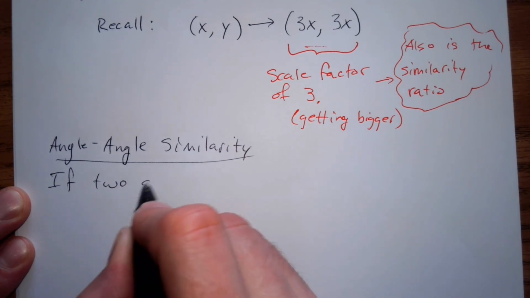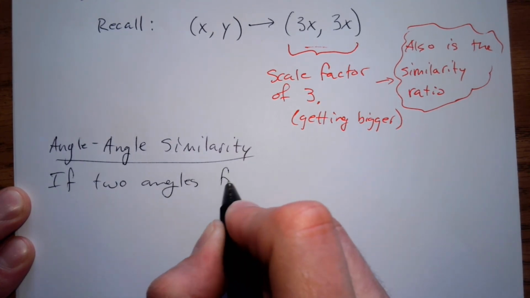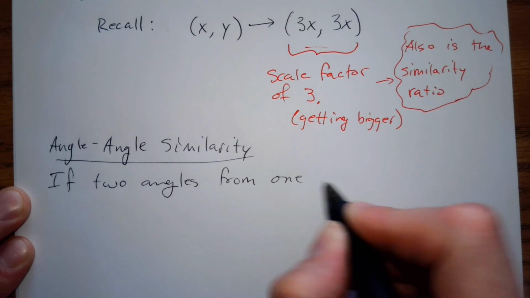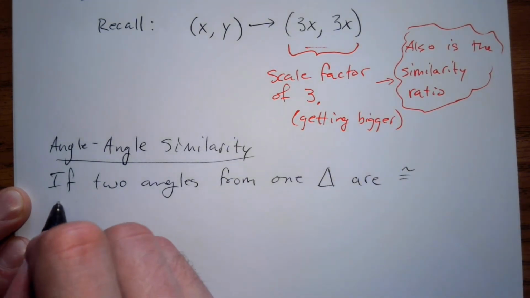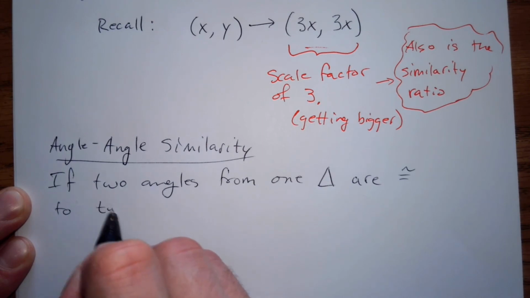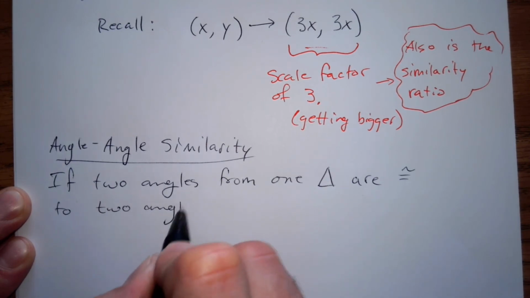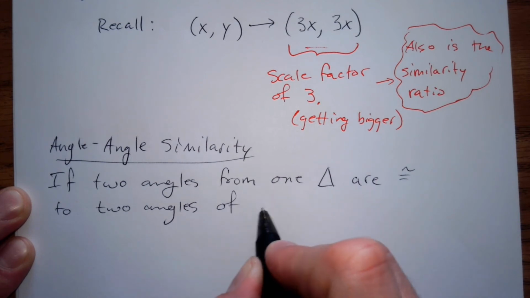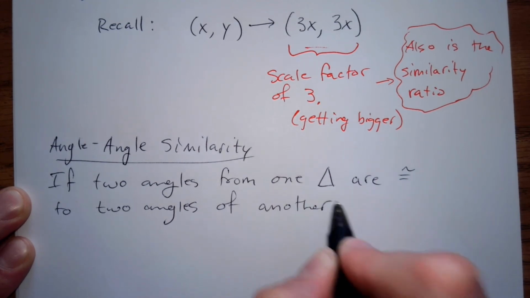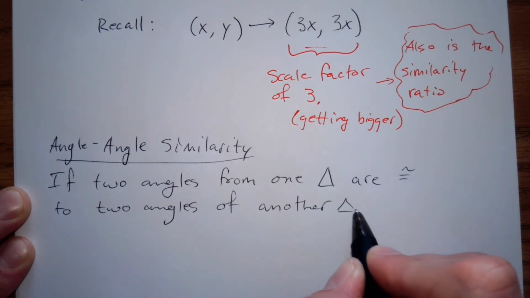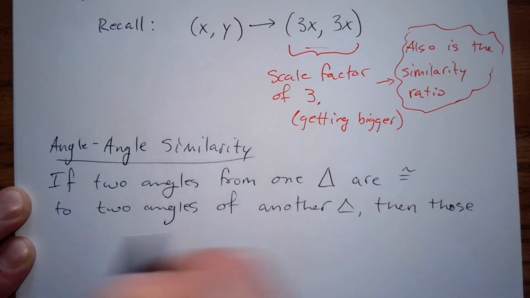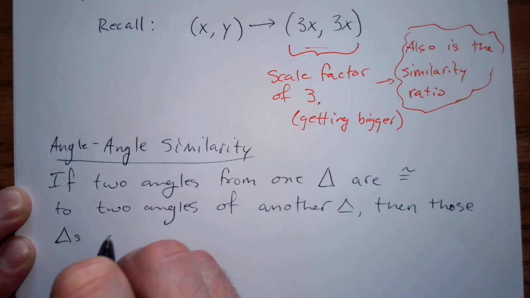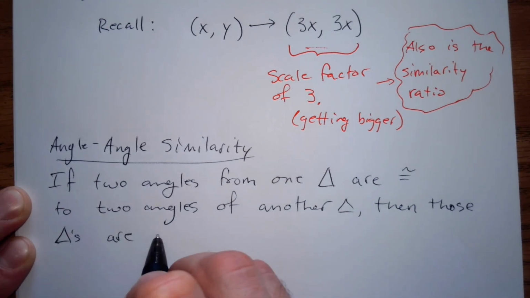If two angles from one triangle are congruent to two angles of another triangle, then those triangles are congruent. Sorry, not congruent, are similar.